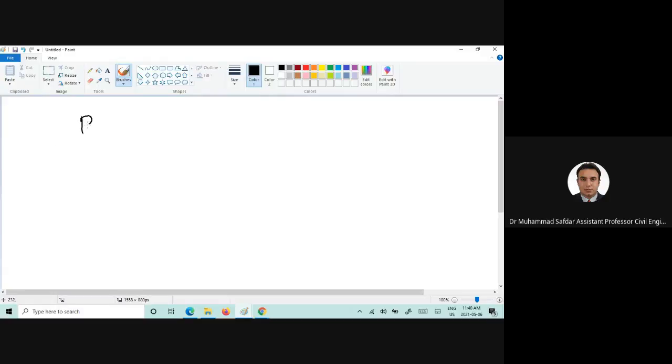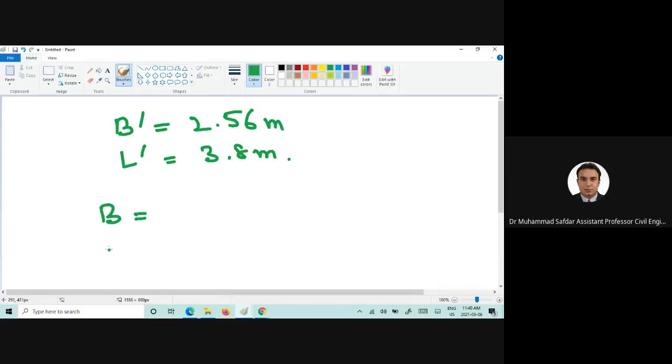Now, B prime was equal to 2.56 and L prime is equal to 3.8 meter. Now, please kindly give me the B and L, or the width of the footing and the length of the footing.